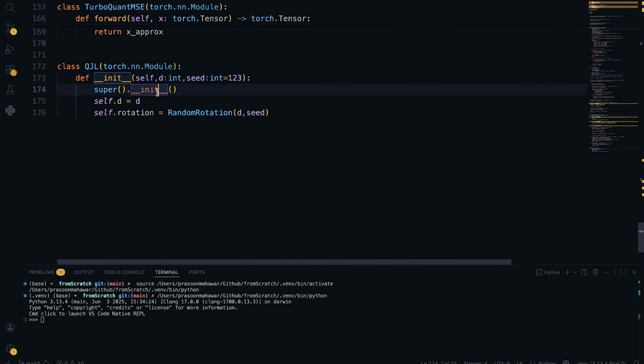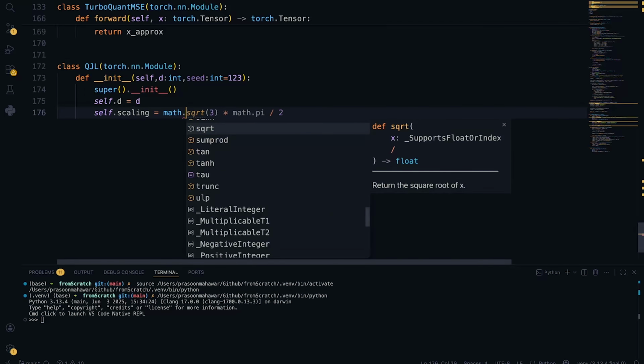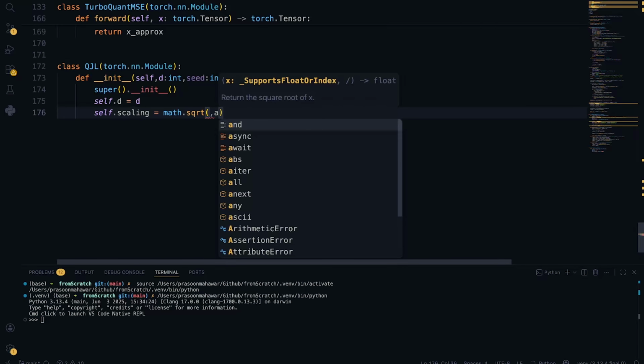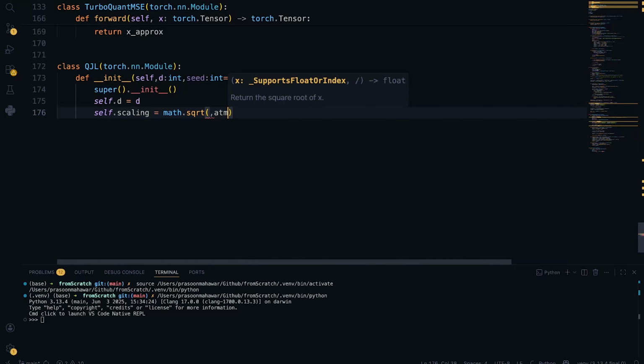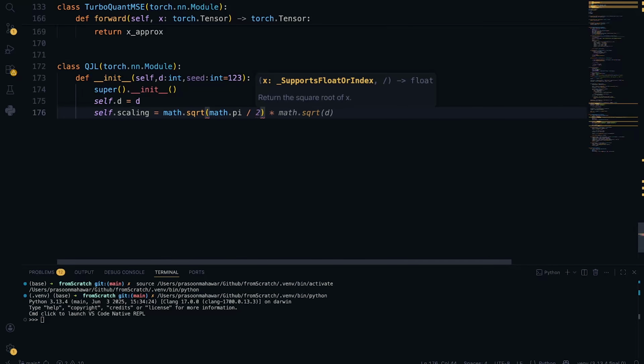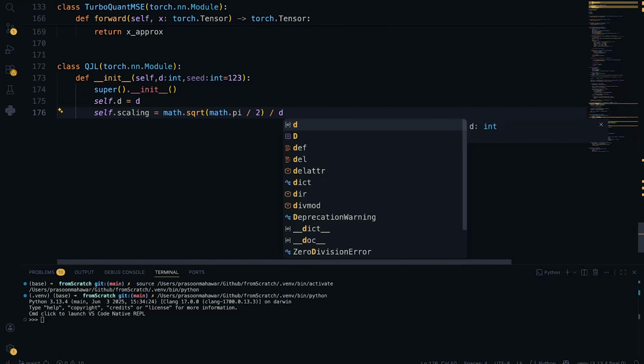So we again initialize the superclass, then we assign self.d with the parameter, and then we have the scale, self.scaling. This will be equal to math.sqrt of math.pi divided by 2 and divided by d.